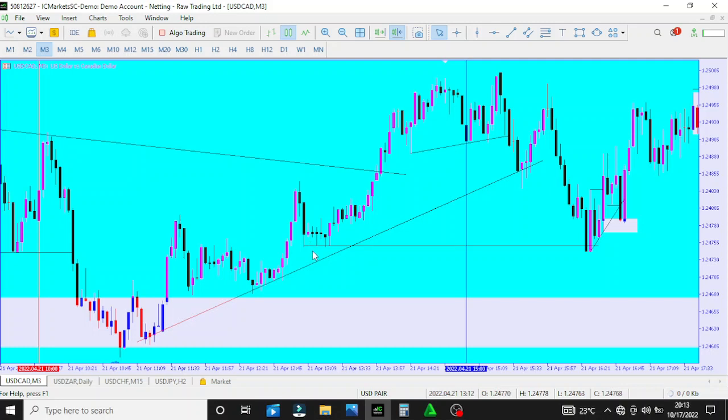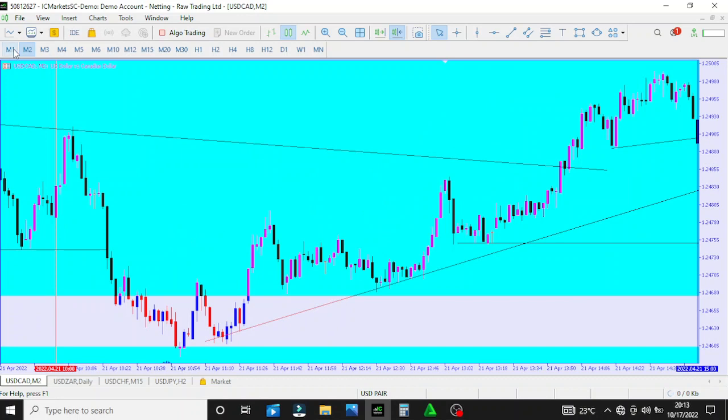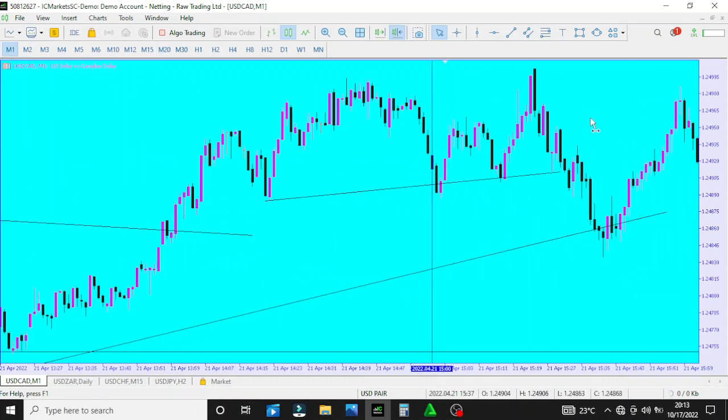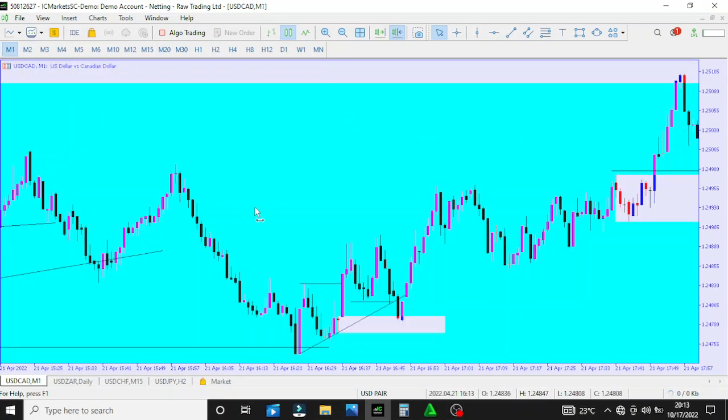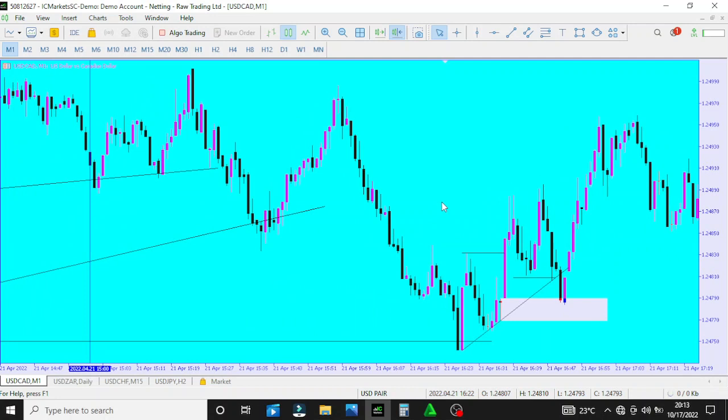All the liquidity that was created during the London session, New York went on to manipulate: this trend line created by the London session and these equal lows created by the London session. And after that, there was no other liquidity left unmitigated, and you have to see the market intention.